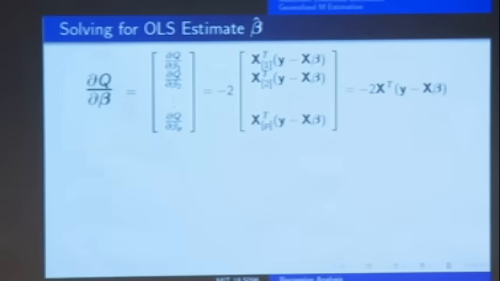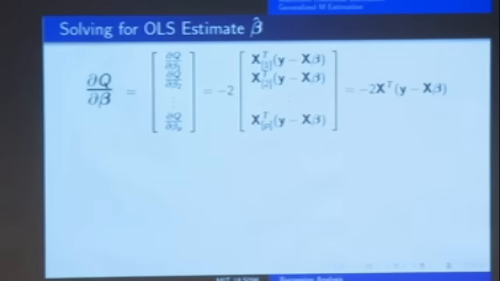Now, if we put that all together, we can define the derivative of Q with respect to the different regression parameters as minus twice the jth columns stacked times (y minus x beta), which is simply minus 2 x transpose (y minus x beta).